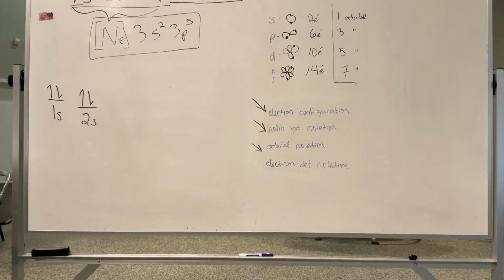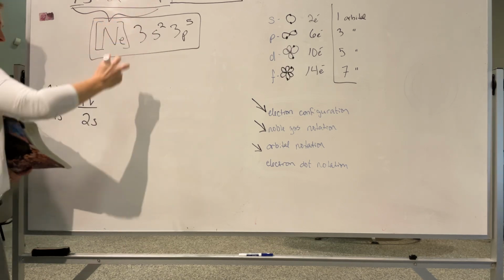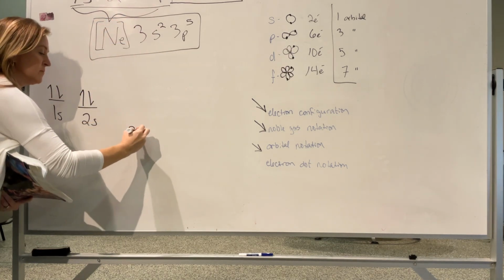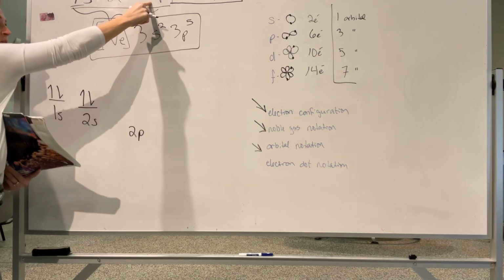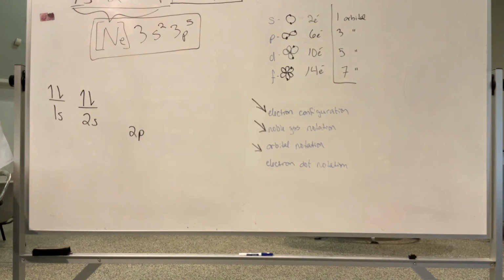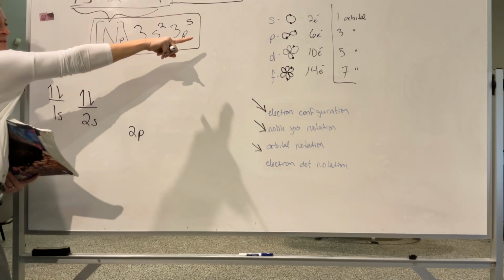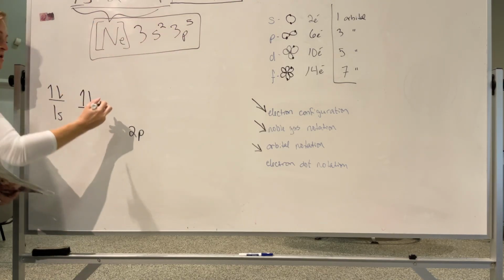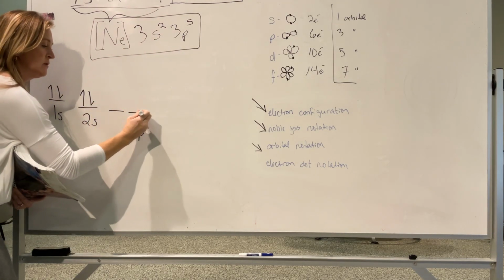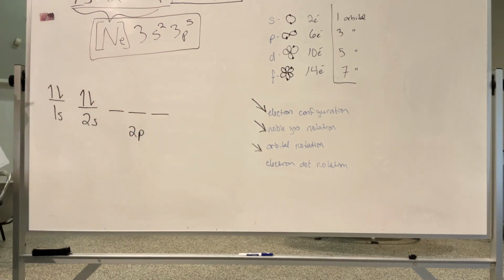Okay, my next one is going to be called 2p, right? Because I'm just going based on this. How many orbitals does p have? 3, right? If you remember this over here, commit that to memory, it makes life so much easier. Those are all the orbitals.